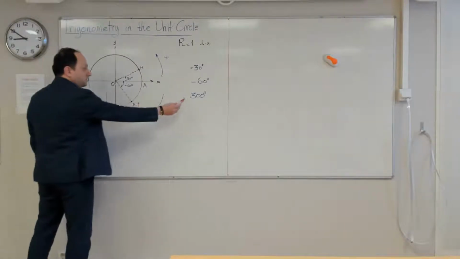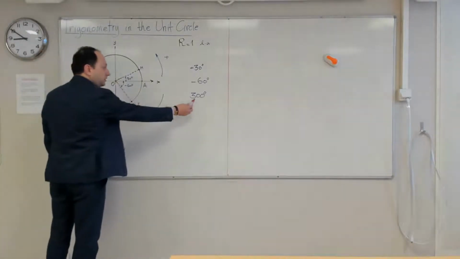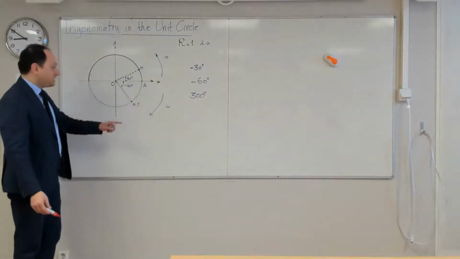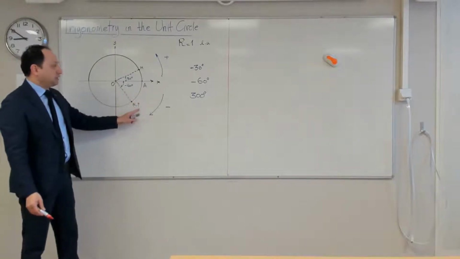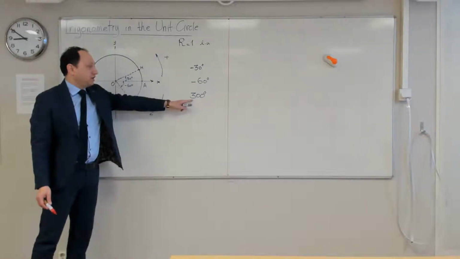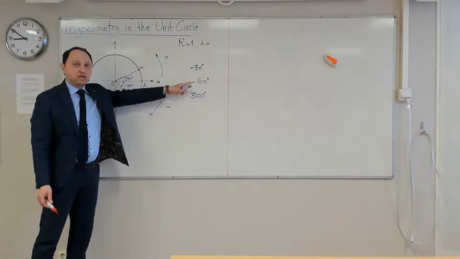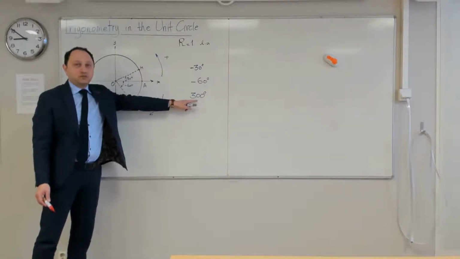So if I ask you where is the end point corresponding to this angle, you would say that as far as the end point is concerned, it doesn't matter if I go minus 60 degrees or 300 degrees. They are, of course, different angles. This is negative, this is positive. The size of this one is smaller than the size of that one.